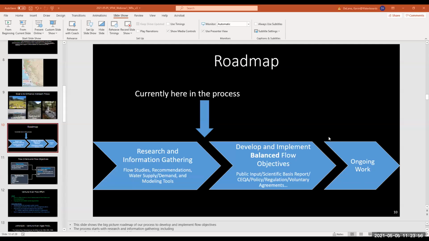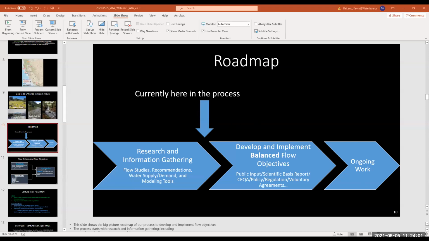Our next phase is to go through a process to develop a balanced flow objective. And as part of that process, I think one of the scenarios that we would look at as a flow objective is implementation of the recommended CDFW flows.